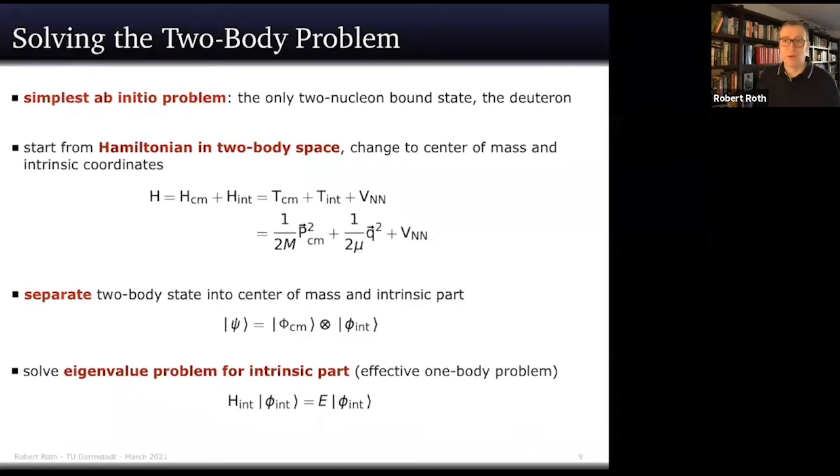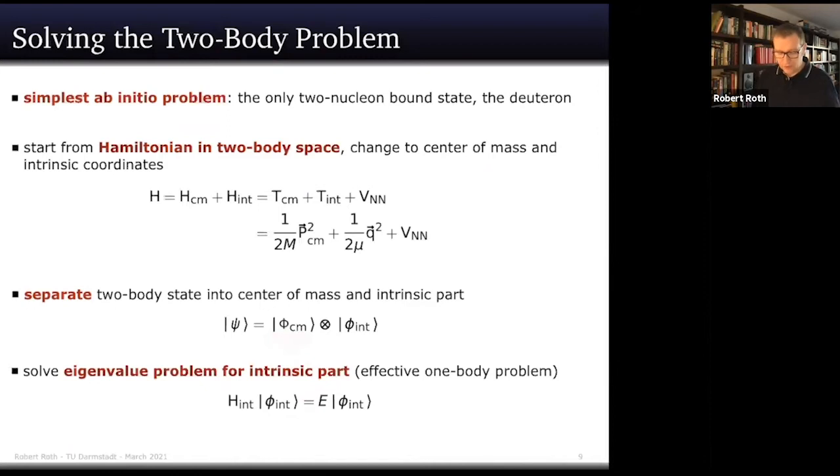And as we discussed earlier, we are only interested in the intrinsic degrees of freedom. So what we do is we just solve the eigenvalue problem for this intrinsic part, which is intrinsic kinetic energy plus interaction. You can put the center of mass part here later if you are interested.